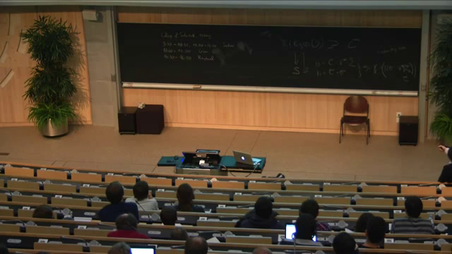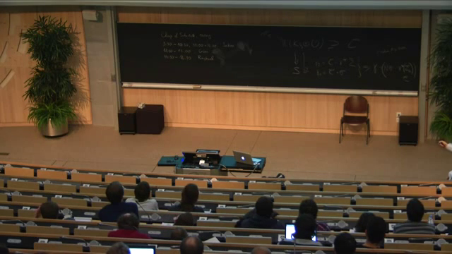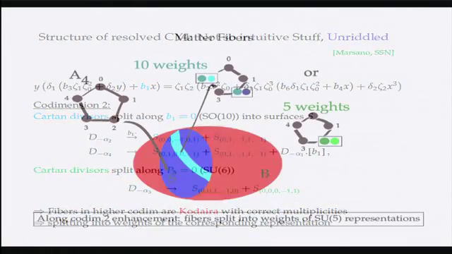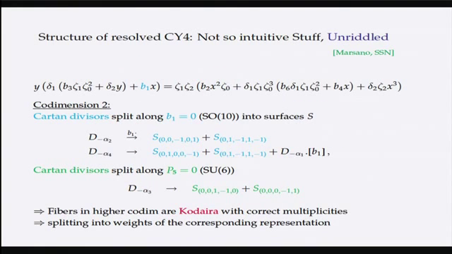Okay, so despite the fact that we haven't really looked at the intersections of the fibers along the codimension loci, you already see as you move from, say, this A4 singularity to this codimension 2 locus, one of these roots here splits, and one of these roots splits, and likewise here, and they split into representations precisely corresponding to the groups that you would expect at these loci.